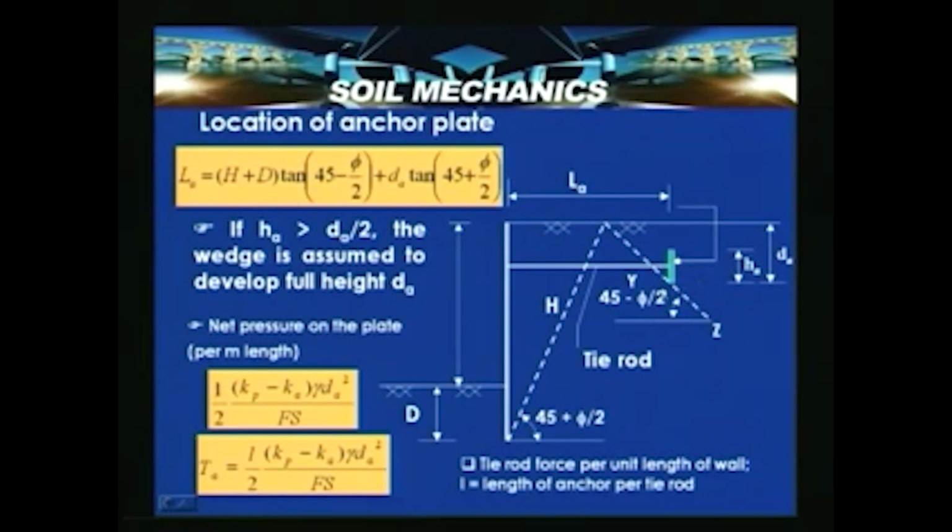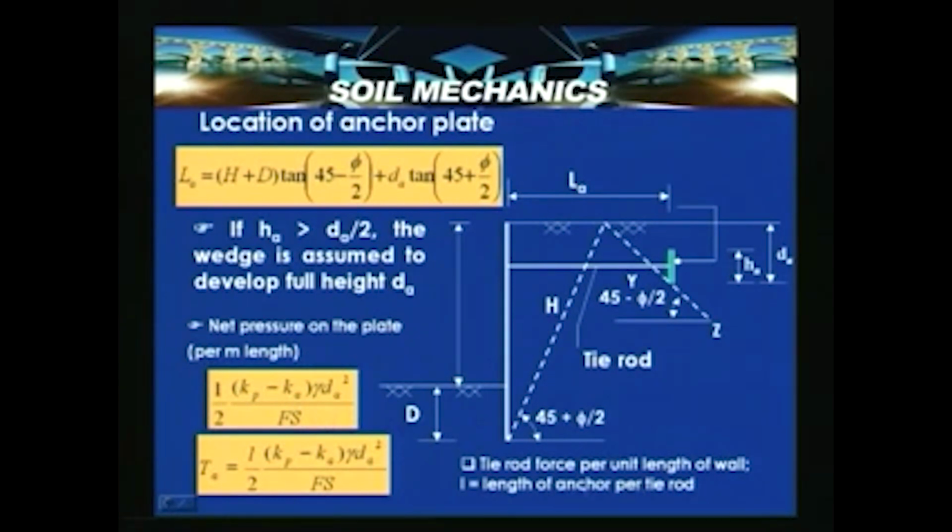So, in this case this is the active diagram and this is the passive diagram. When you compute and apply a factor of safety, dA is the depth. Because we assumed that HA is greater than dA by 2, the entire full wedge is participating. So, half Kp minus Ka into gamma dA square by a factor of safety, which is shown here.